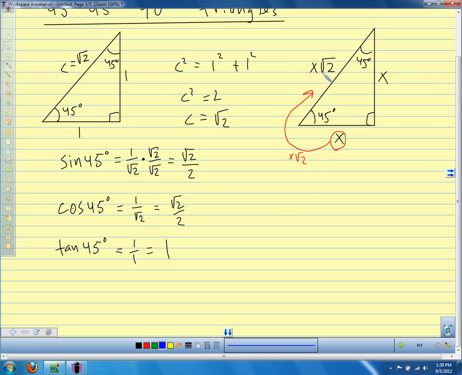Go from the hypotenuse to the side, we divide by the square root of 2. So that's how we go back and forth if we know one side of the 45, 45, 90 triangle.